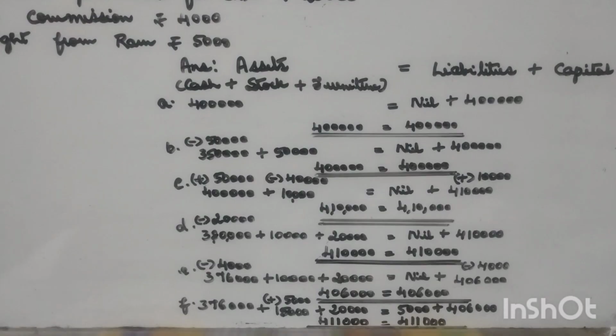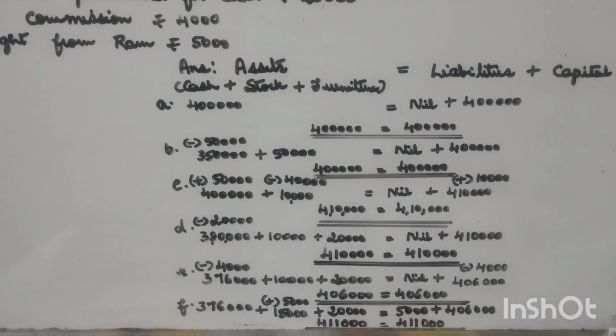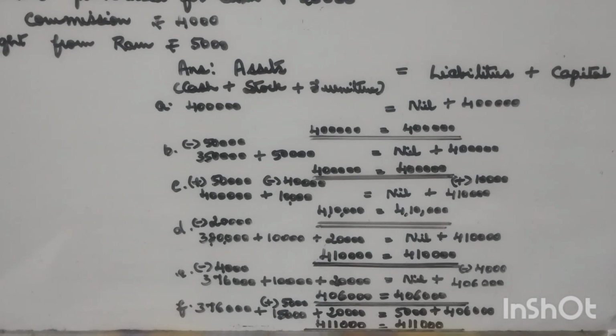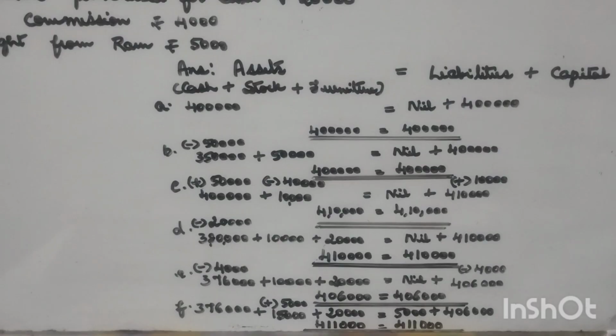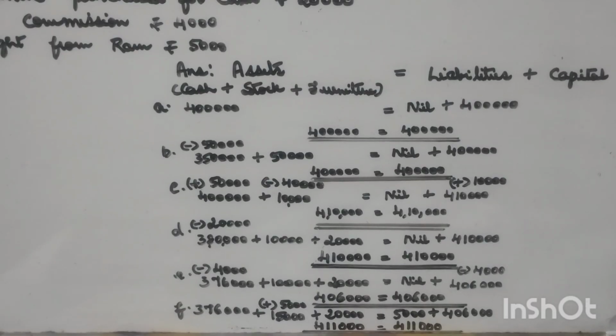Third transaction, cash sale of rupees 50,000. Firm has sold goods worth rupees 40,000 and it was sold for 50,000. The cost of the goods is 40,000 and it has been sold for 50,000.